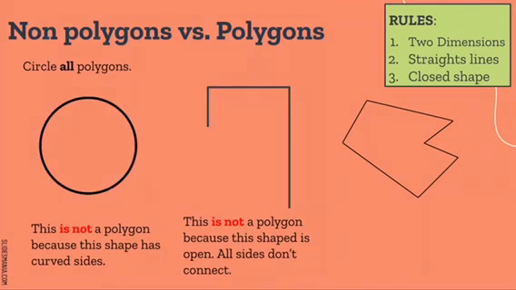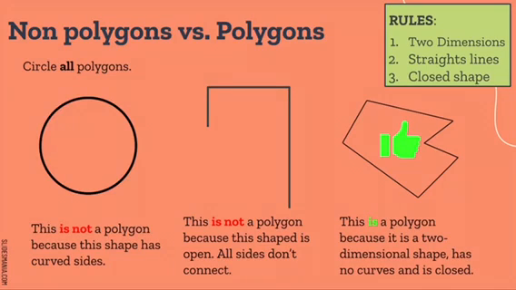This second shape is also not a polygon because this shape is open. All the sides don't connect. And last, this shape is a polygon because it is a two-dimensional shape, has no curves, is closed, and has angles and sides.